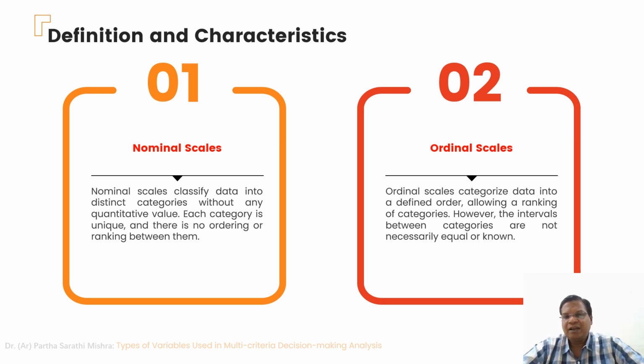Now another thing is the ordinal scale. Ordinal scales categorize data into a defined order, allowing a ranking of categories. However, the intervals between categories are not necessarily equal or null. For example, there are five students. Among the five students, somebody will get the first rank, second rank, third rank. So there is an order in that: first, second, and third.